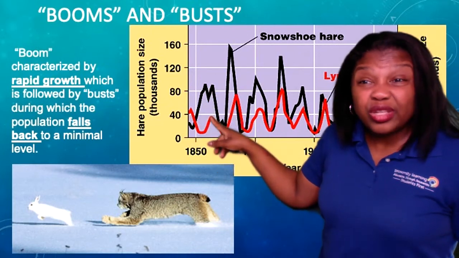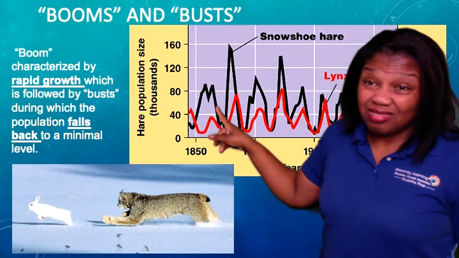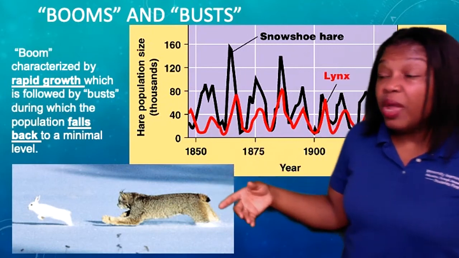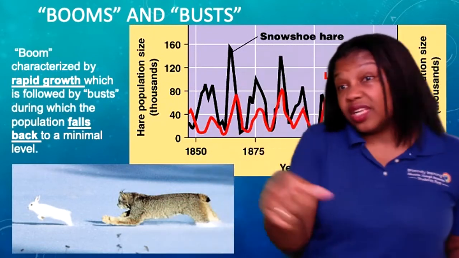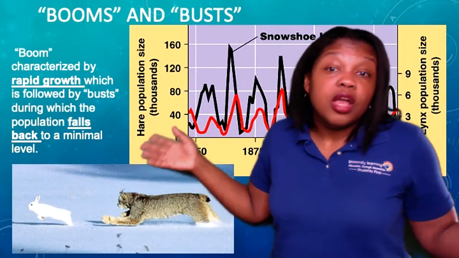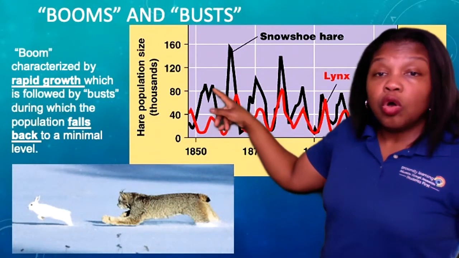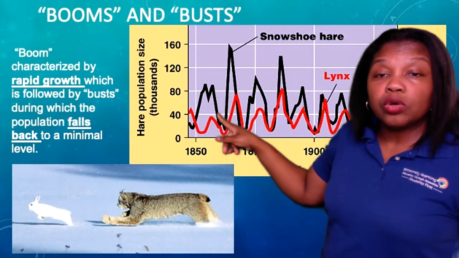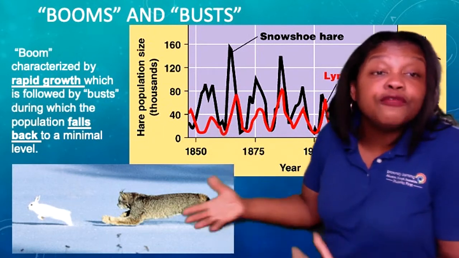But now there's a bunch of lynx, but not enough hares. So maybe there's five of us competing for that one rabbit. Only one of us is going to get that rabbit. Somebody's going to starve, because there isn't enough food. So as my prey count goes down, my predator count goes down because it has to die off. There isn't enough food for everybody.